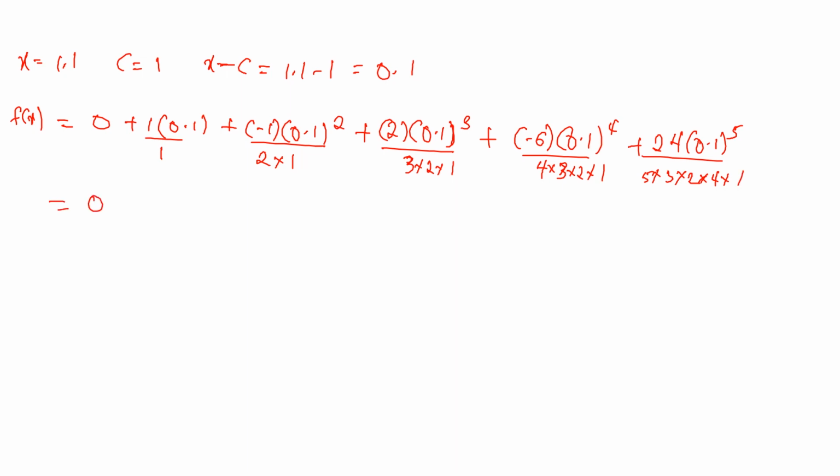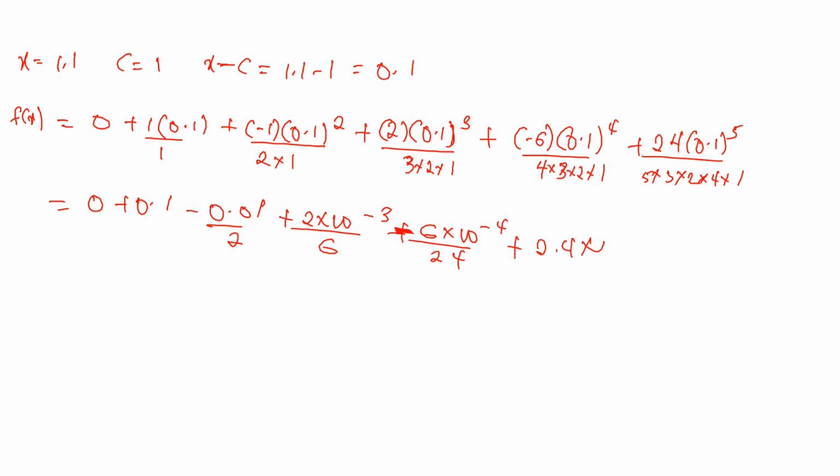The 0 is cancelled, then you have 0.1, minus 0.01 divided by 2, plus 2 times 10 raised to the power of minus 3 divided by 6, plus minus 6 times 10 raised to the power of minus 4 divided by 24, then plus 2.4 times 10 raised to the power of minus 4 divided by 120.